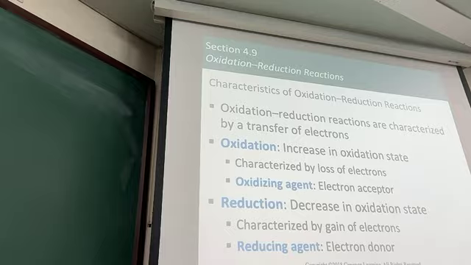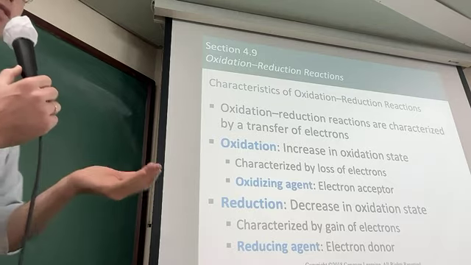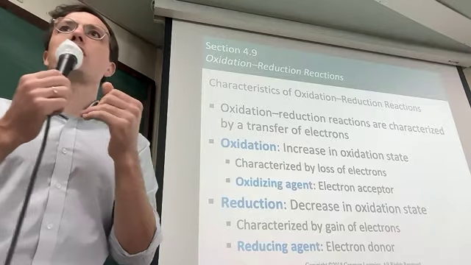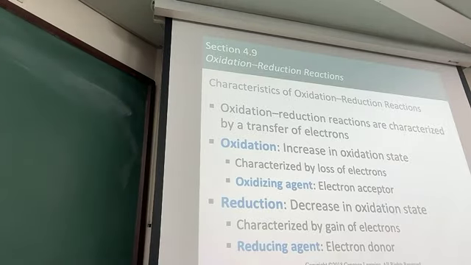When we have something that can accept electrons, we call this an oxidizing agent because it removes electrons from another partner, so it oxidizes the partner, right? When we reduce something else by donating the electrons, we call this a reducing agent. So oxygen gas, do you think it's an oxidizing agent or a reducing agent?